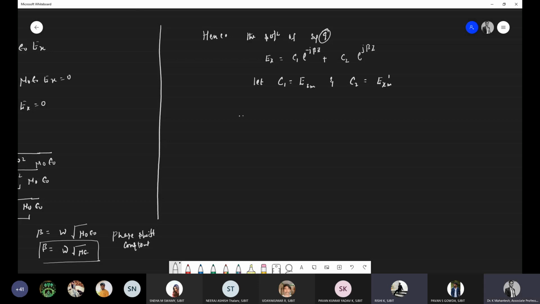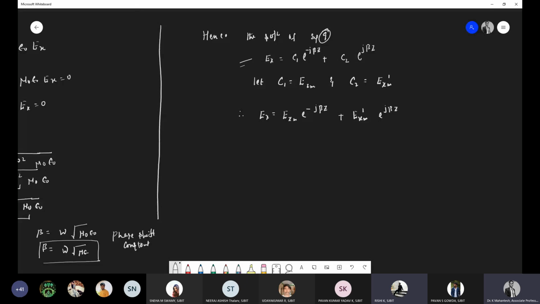Therefore, I can write the equation Ex is equal to Exm e power minus j beta z plus Exm dash e power j beta z.